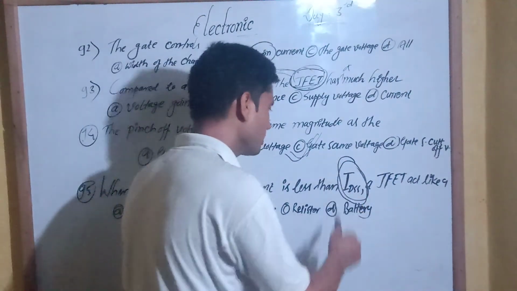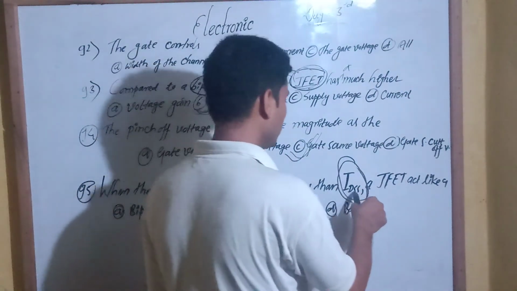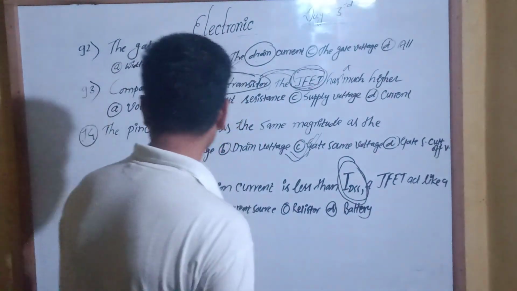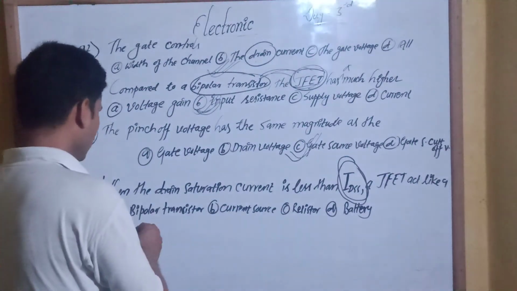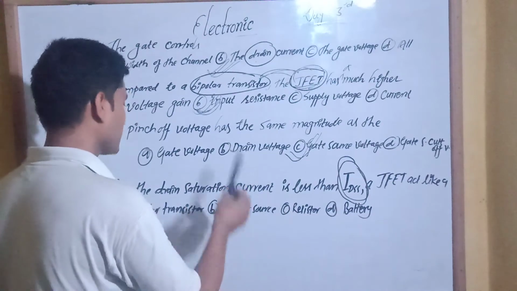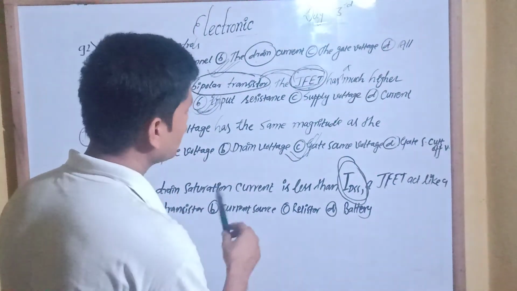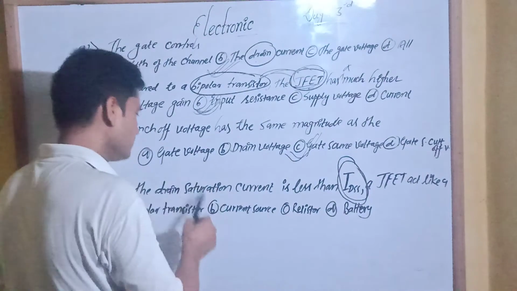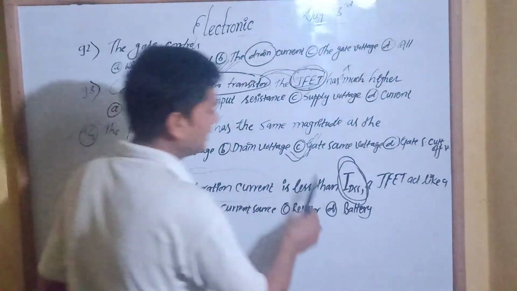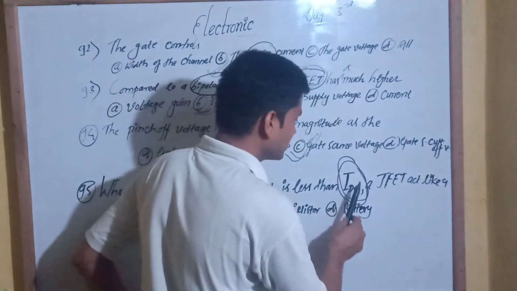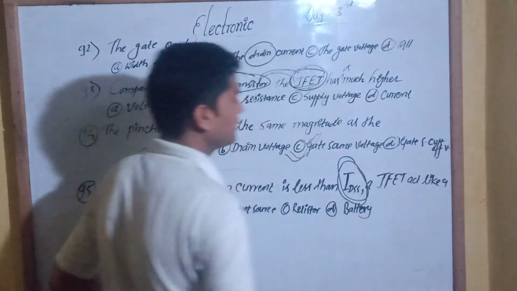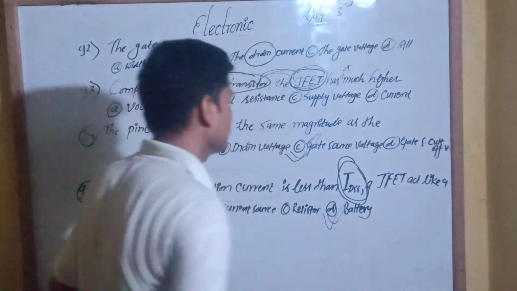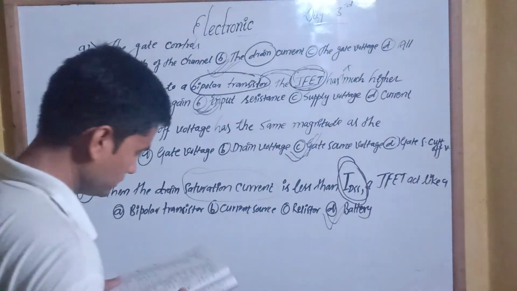I think it is one kind of current that flows through the JFET. Then the JFET acts like a battery. The right option is option D, battery.